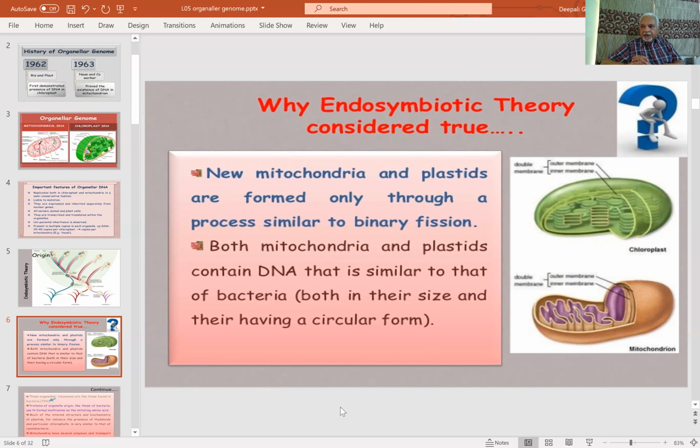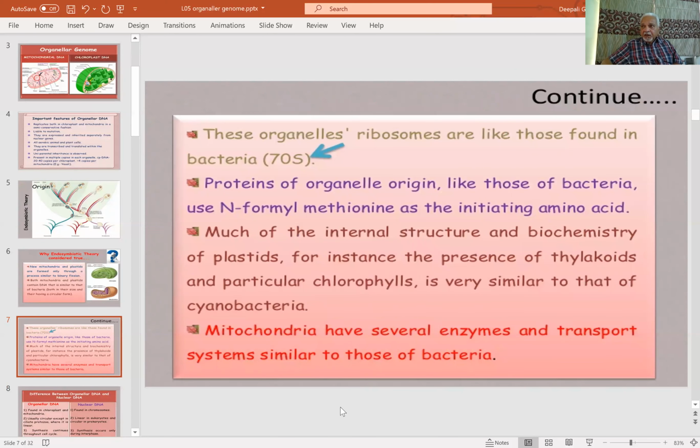Okay, and the DNA, both in chloroplast and mitochondria, is very similar to bacteria in size, and it is also circular in nature. So it resembles that of bacteria. Both these organelles, mitochondria and chloroplast, have 70S ribosomes, which are the characteristic of bacterial cells for protein synthesis.